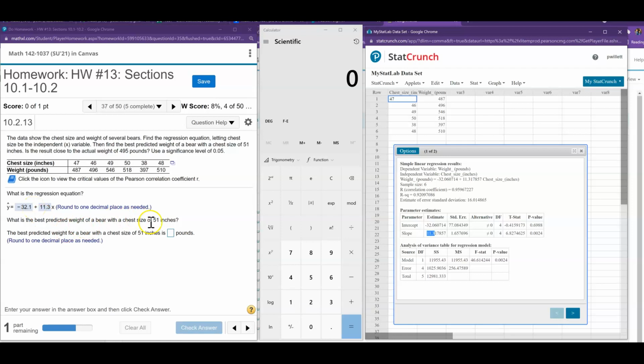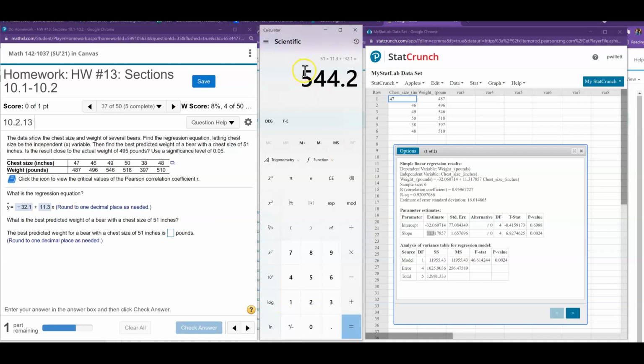So the way we do that is I'm going to plug in a value of 51 in for x, and then multiply by the coefficient and add the constant. So I got my calculator here. I'm going to do 51 times 11.3 plus 32.1 with a negative sign attached.